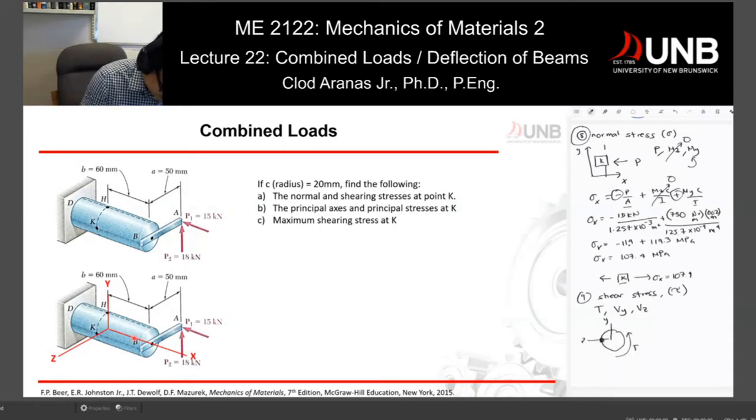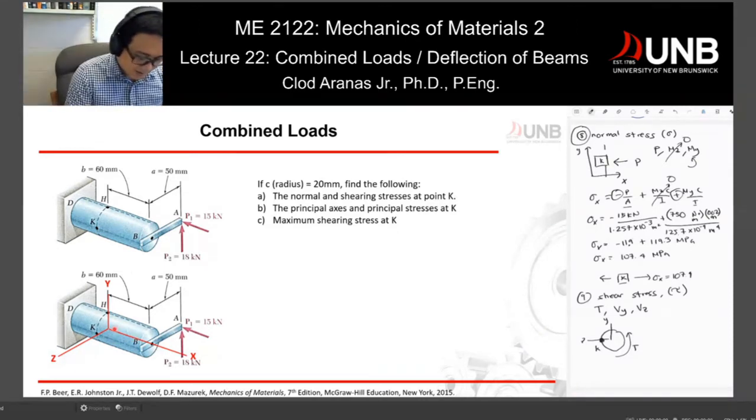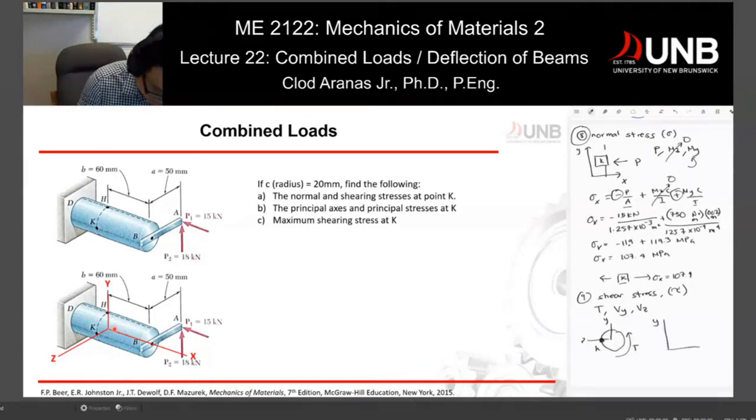And I have this as my point K. Now, if you imagine point K, so this is Y and Z, but you have to look in Y and X. So I have to imagine Y and X, and I have to look at my element right here.